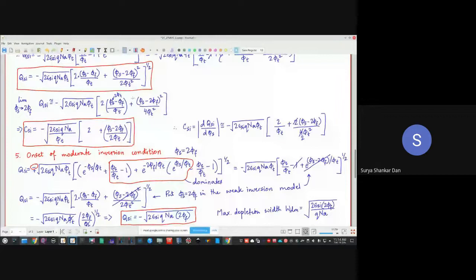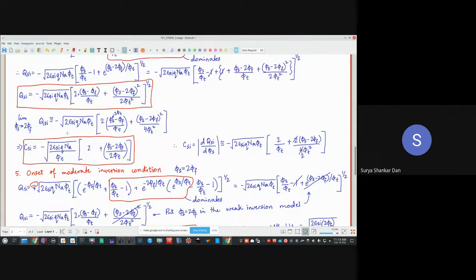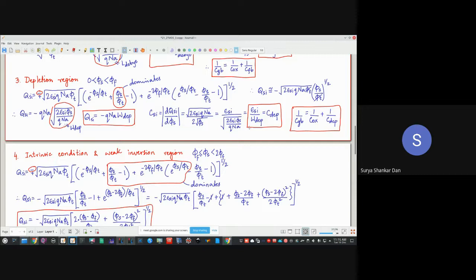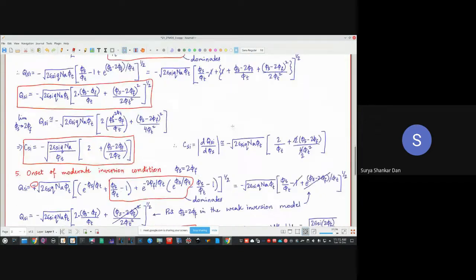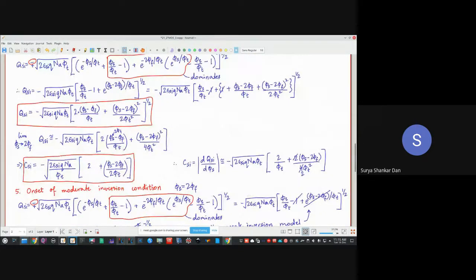Here, if you put 2 phi f, that is 2 phi f by phi t, this becomes 0. If you put phi s equal to 2 phi f here, this becomes 0. In that case, this is the same as the previous one. You're going into the depletion region kind of thing. So that is the reason why we are putting this limit.